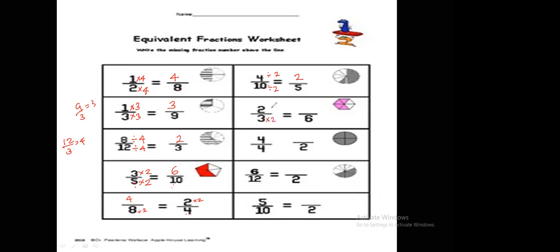Then this also definitely you have to multiply by 2, 4 over 6. 4 divided by 2, 2. This also has to divide by 2, 2 over 2. Then 12, 12 divided by 6, 2. This also by 6, 1. Divide by 5, 2. This also by 5, 1. Okay, that's all then. Equivalent fractions.